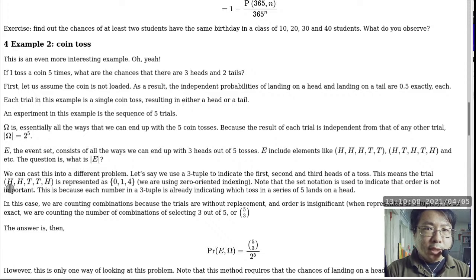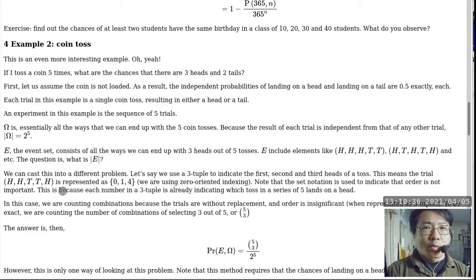When we look at a particular sequence of heads and tails, in this case it is head, head, tail, tail, head, we can now represent it as a set. Now this is not a typo, these are actually curly braces. In other words, 0, 1, 4 are elements in a set. I don't see anything that relates this 5 tuple to this particular set of 3.